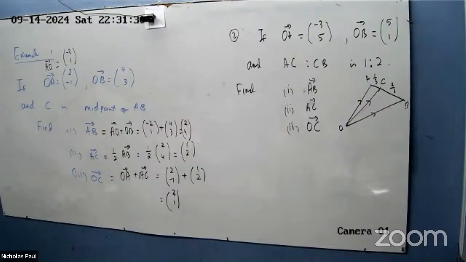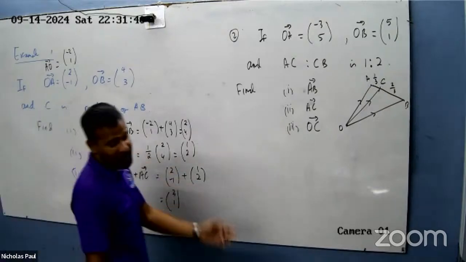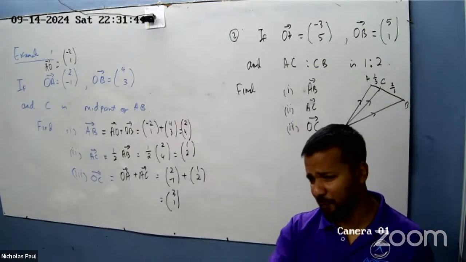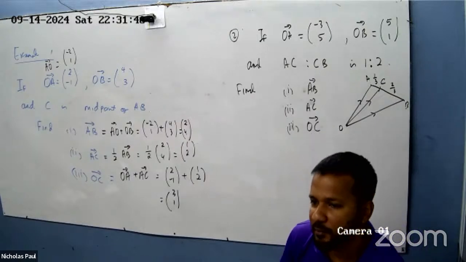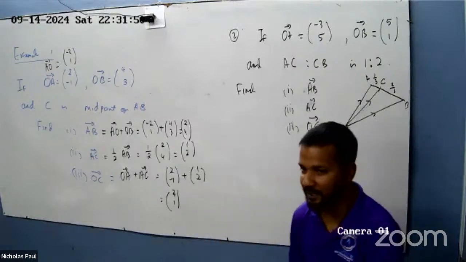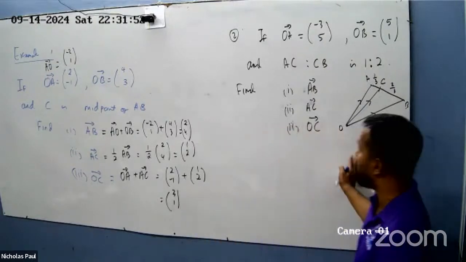You can work with the top one, and you can put decimals if you want, right? It's not the best numbers in the world, right?